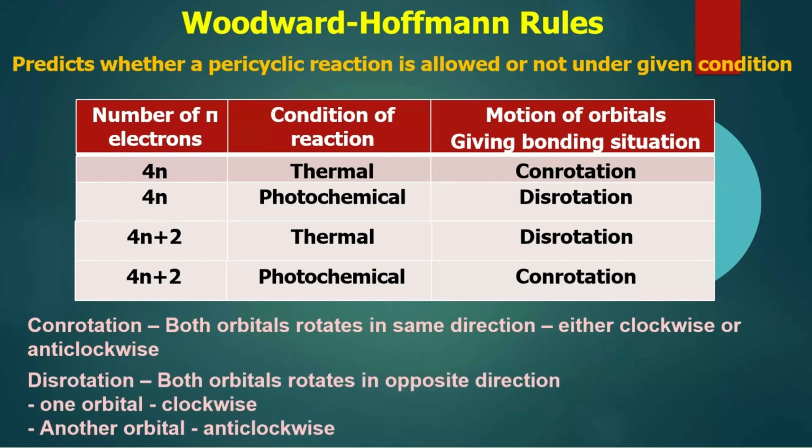In disrotation, both the orbitals rotate in opposite directions. One orbital rotates clockwise, another orbital rotates anti-clockwise to give the bonding situation. This is the prediction of the Woodward-Hoffmann rules.